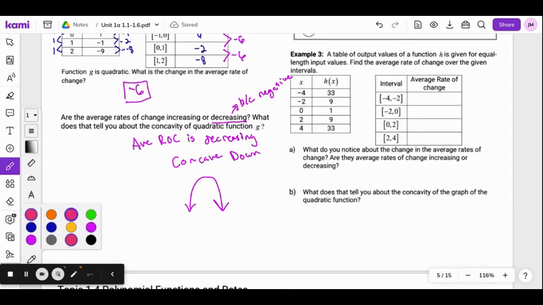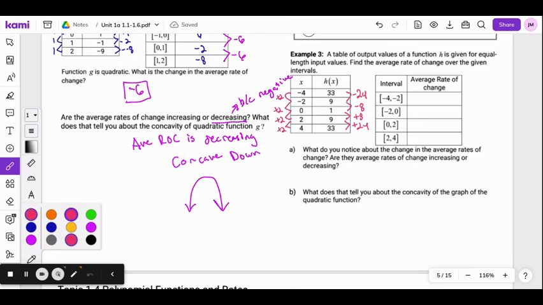So if we notice here for our change in y, looks like I'm going down 24. Looks like I'm going down 8 here. Looks like I'm going up 8, and then it looks like I'm going up 24. And then our change in x is going to go up 2, up 2, up 2, up 2.